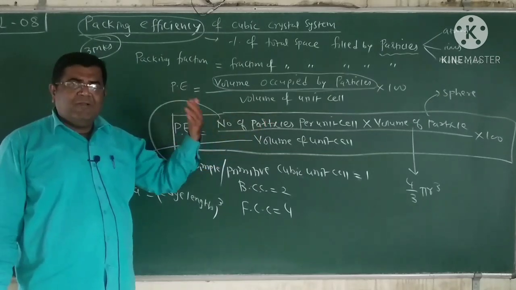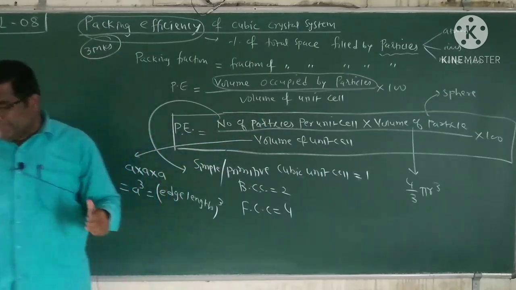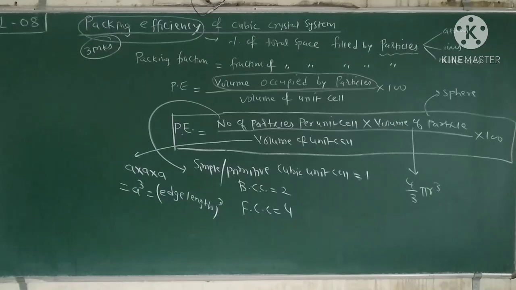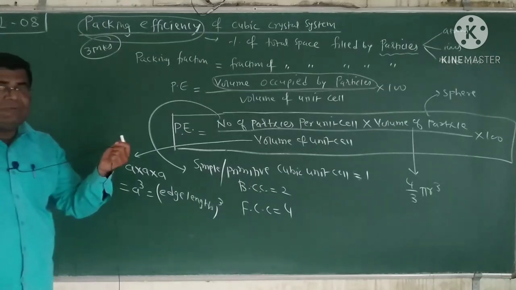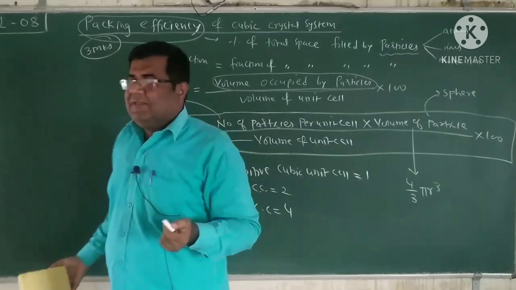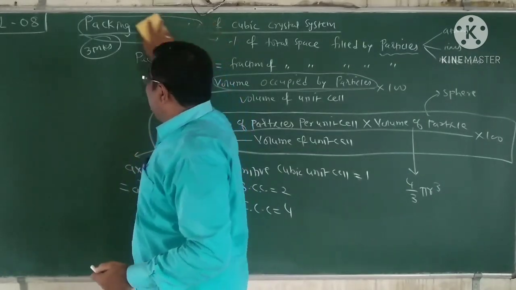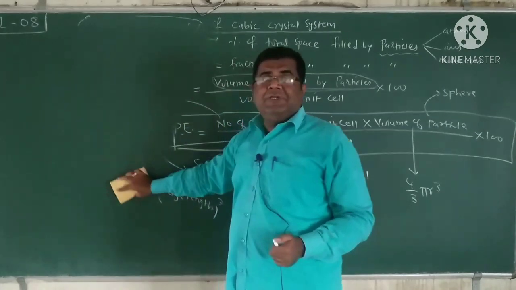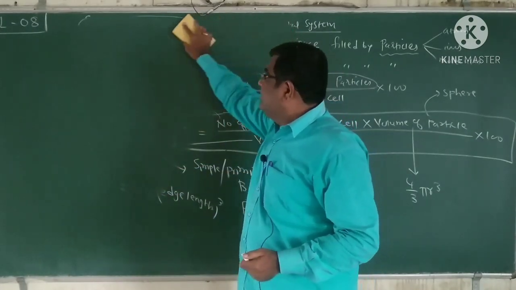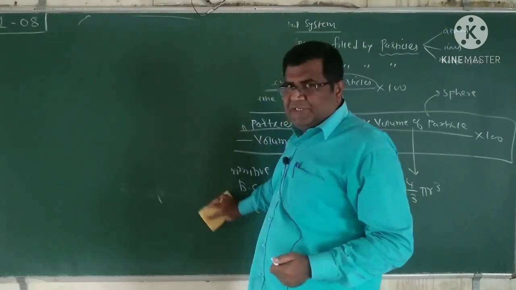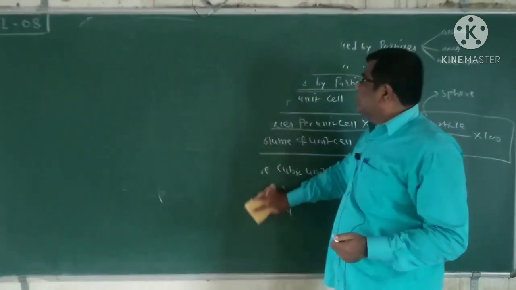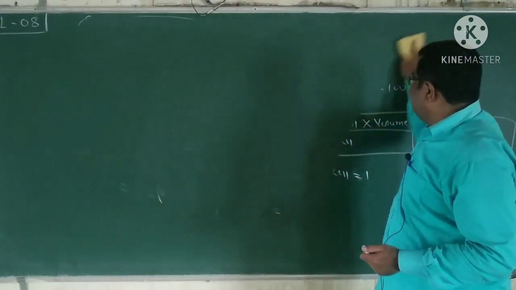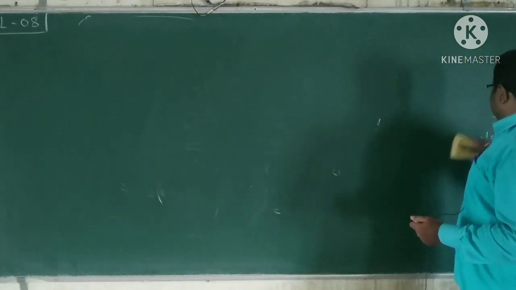And we will have very important relations of edge length, distance between nearest neighbors, radius and packing efficiency, and all these results we need to understand and recall when they are needed, right? So first we calculate the packing efficiency of the simple cubic unit cell.